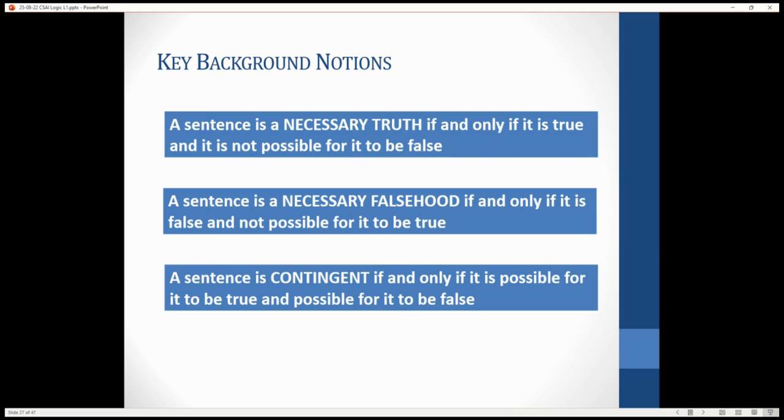Okay, so these are rough and ready notions. Again, they're kind of defined in terms of truth and possibility. We're going to develop some machinery that will let us understand them slightly better. But at least right off the bat, it's helpful for us to get a grip on these ideas.